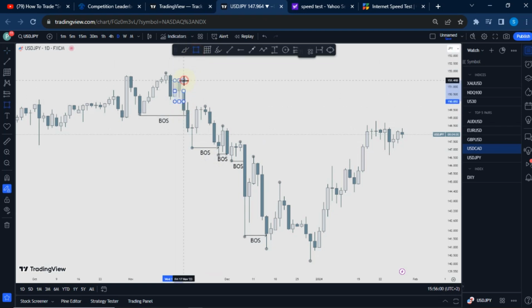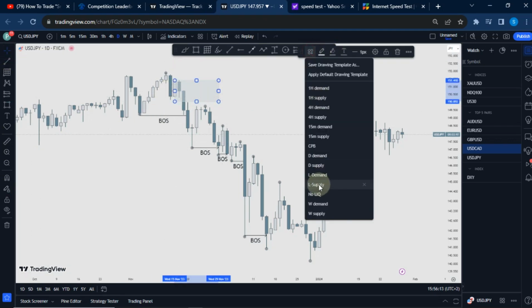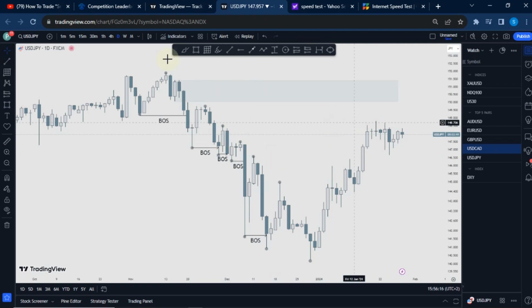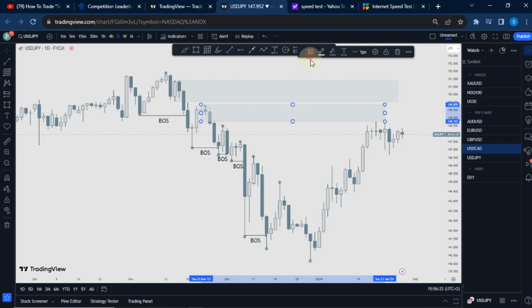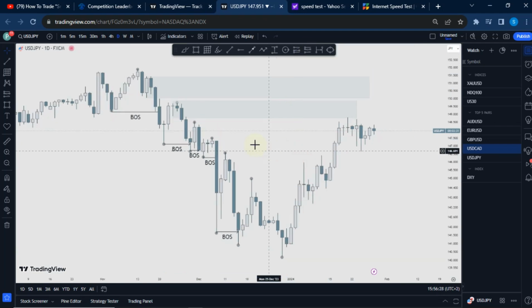This one becomes our supply, and we also had supply that caused the break of structure here, and then again we had our supply that caused the break of structure here, and then also here we had our supply that caused the break of structure.